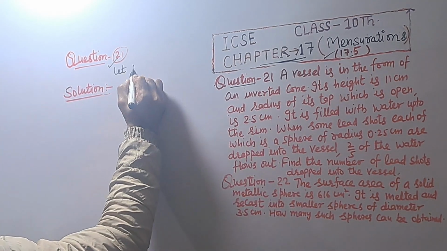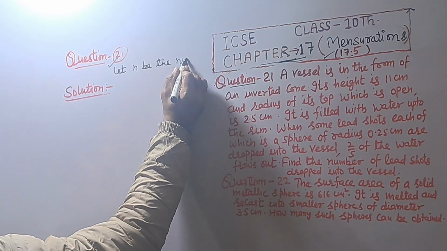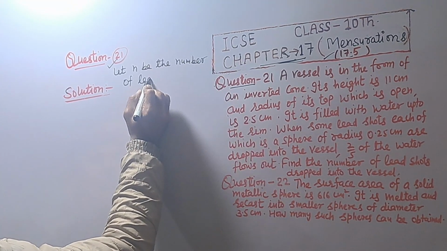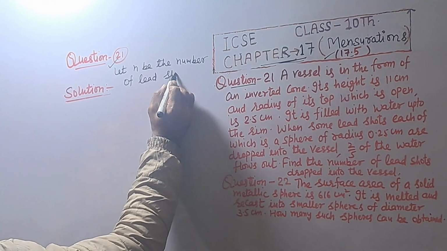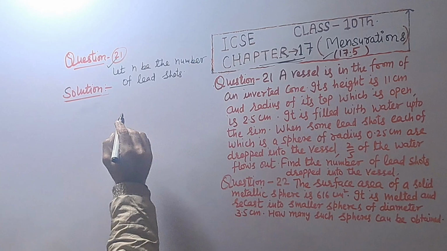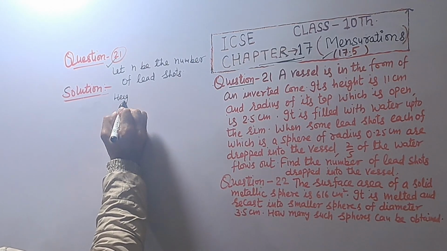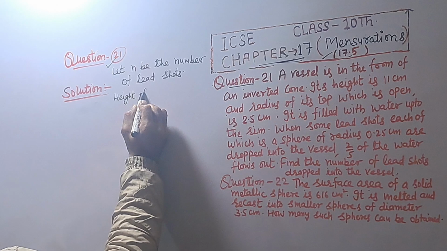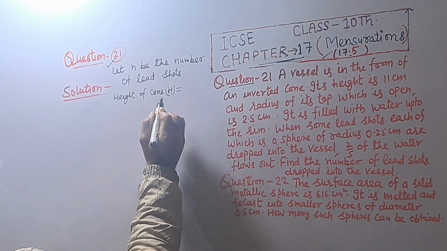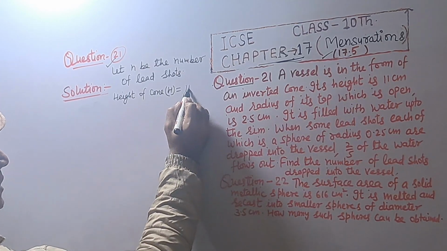Let n be the number of lead shoots. Height of cone is equal to 11 cm.